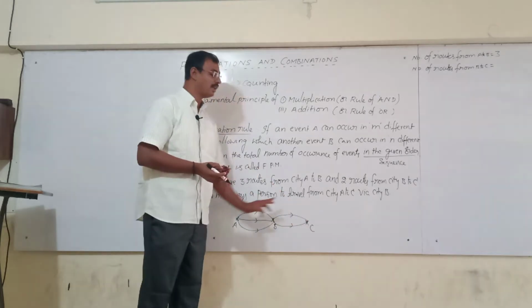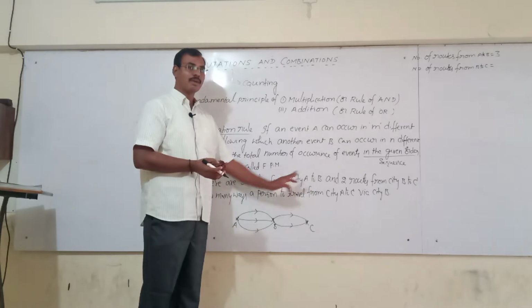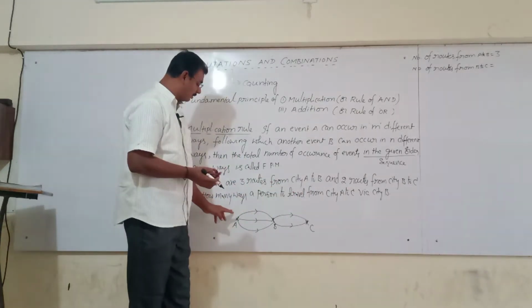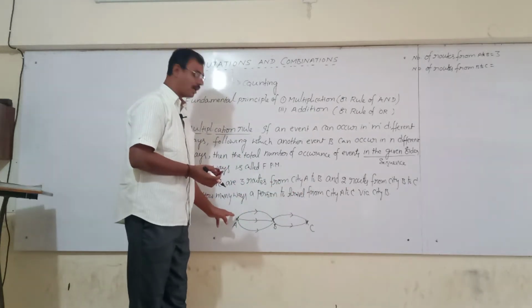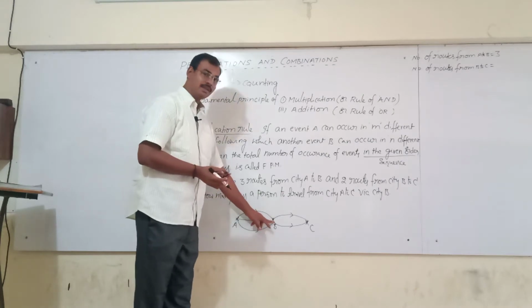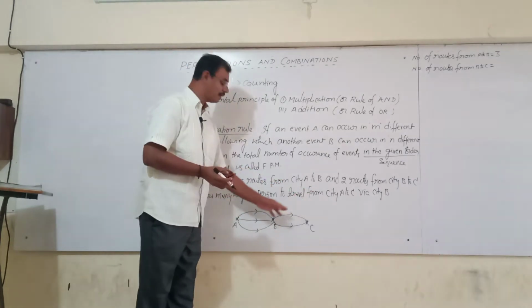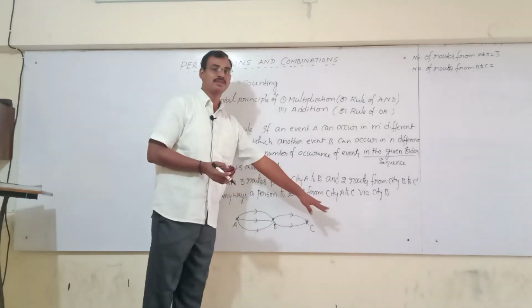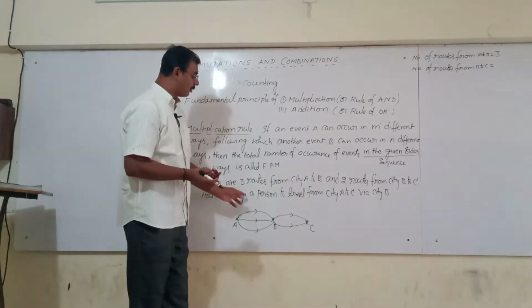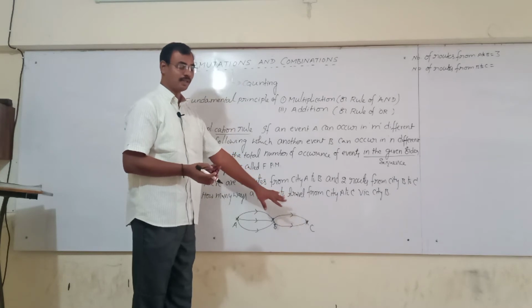So he is aiming at A to C, but there is no direct route from A to C. So firstly he has to travel from A to B, and then travel from B to C. Okay. Then find the total number of ways here.